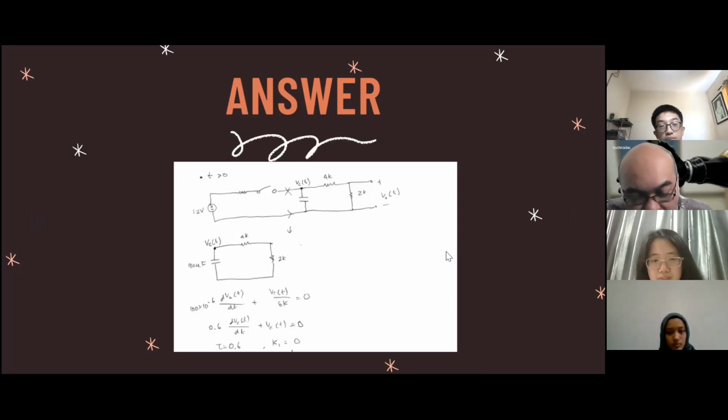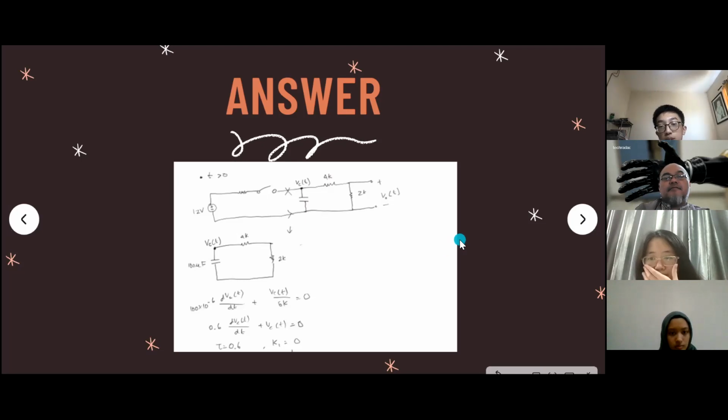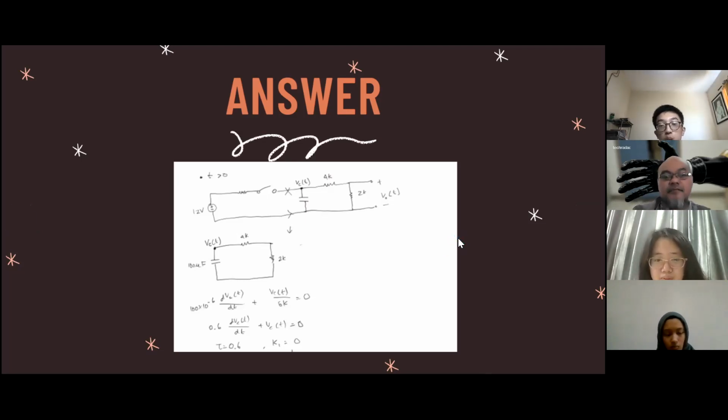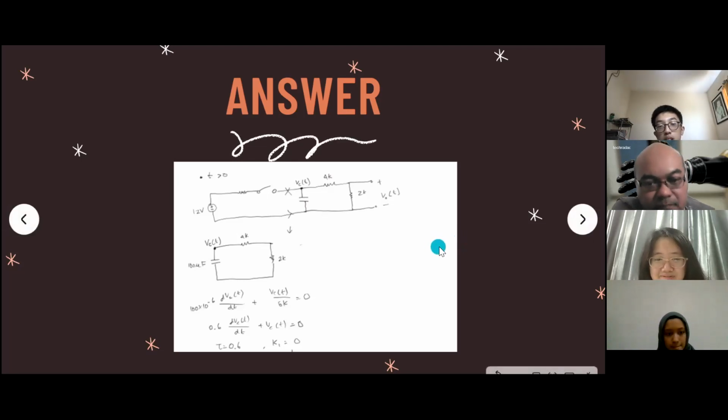So we can use the differential equation approach. We multiply 6K to each of the variables: 6K times 100 microfarad equals 0.6, so 0.6 dVc/dt plus VC(t) equals 0.